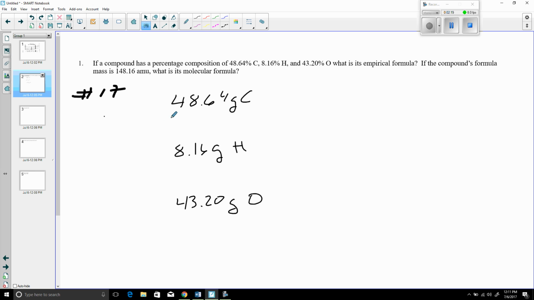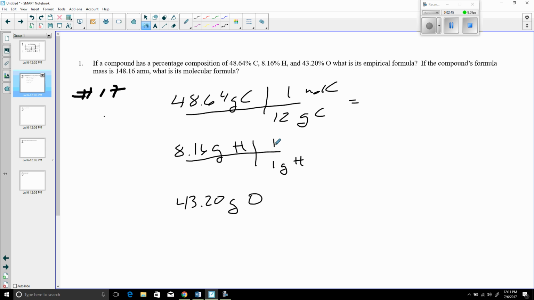Now, the next thing you want to do with this information is convert them all to moles. So this is just a simple mole conversion, and we went over that in problems number 1 through 10. We know that 12 grams of carbon is equal to 1 mole, 1 gram of hydrogen is equal to 1 mole of hydrogen, and 16 grams of oxygen is equal to 1 mole of oxygen.